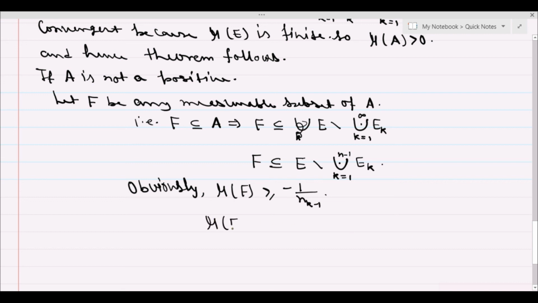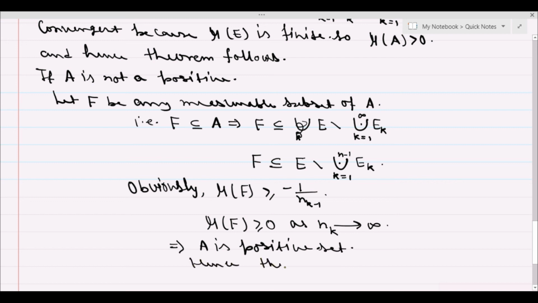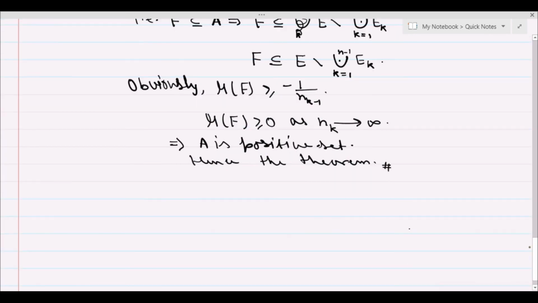So mu of F is greater than or equal to 0 as nk tends to infinity. This implies that our A is a positive set, and hence the theorem. This is the proof of existence theorem for positive set.